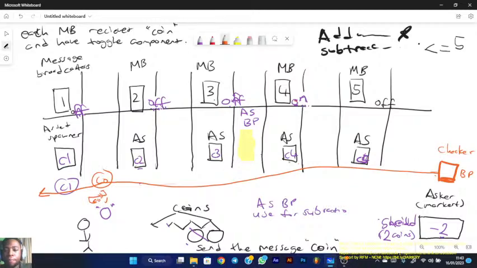The checker meets this C0 and sends the message 0, but then it moves further and meets C1. This coin does not reset the checker basic platform.